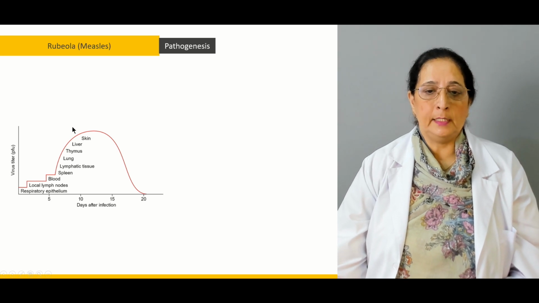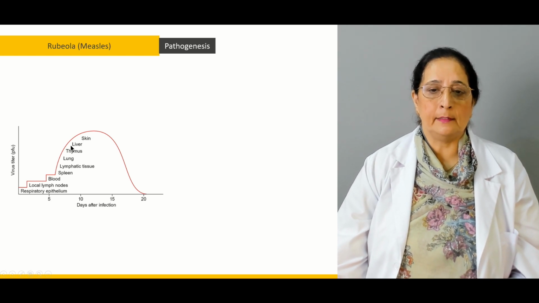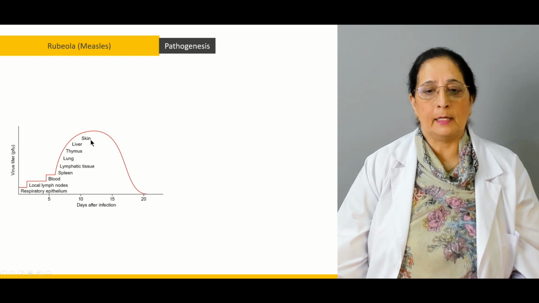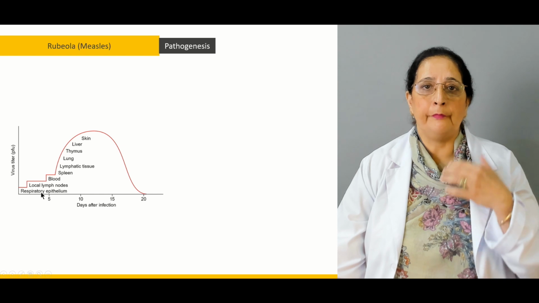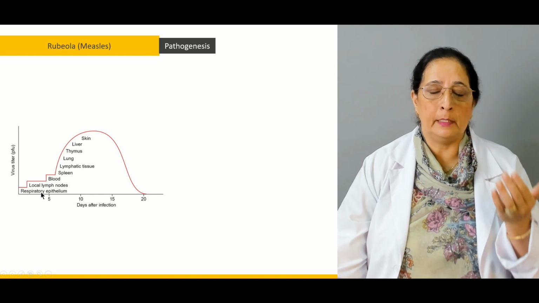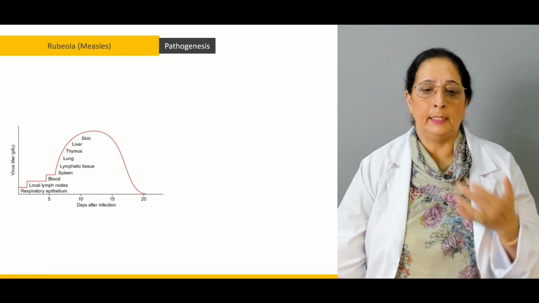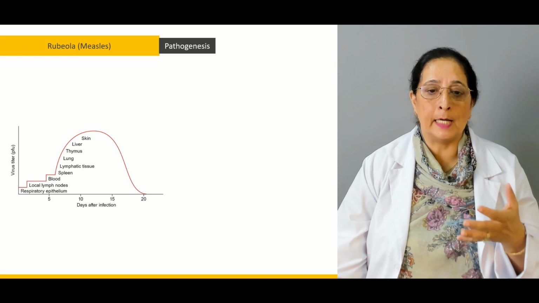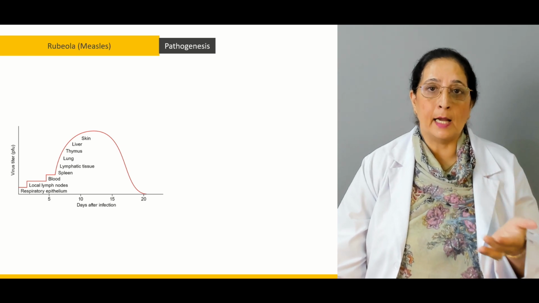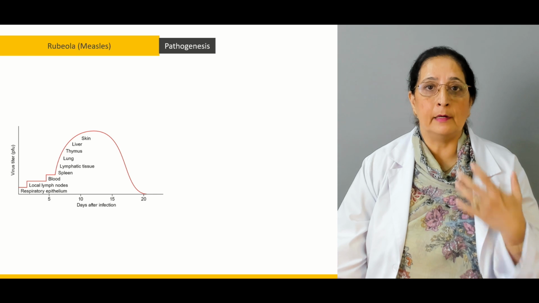And you can see the virus titer is increasing as the days progress, and it is affecting different organs of the body: respiratory epithelium, then lymph nodes, blood, spleen, lungs, thymus, liver, skin.